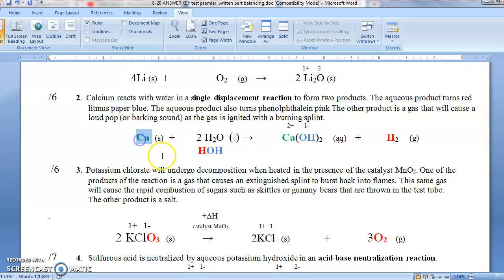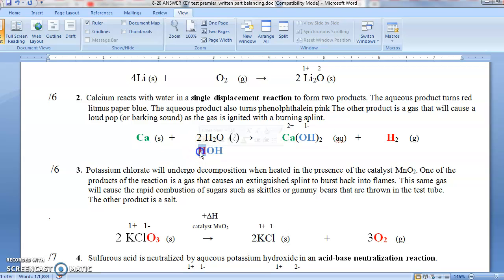So this calcium right here is going to come in and replace that hydrogen right there. What are we left with when it replaces it? We see right here, we're left with the hydroxide ion. If a hydrogen ion gets knocked off water, you are left with the hydroxide ion. And calcium will take the place or replace that hydrogen.